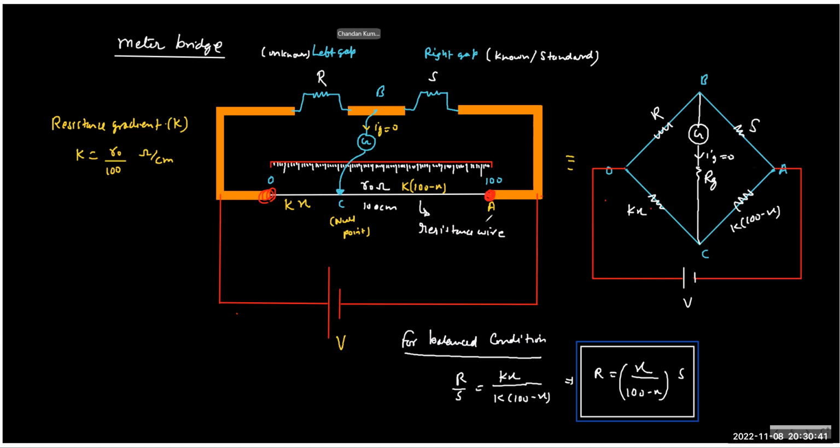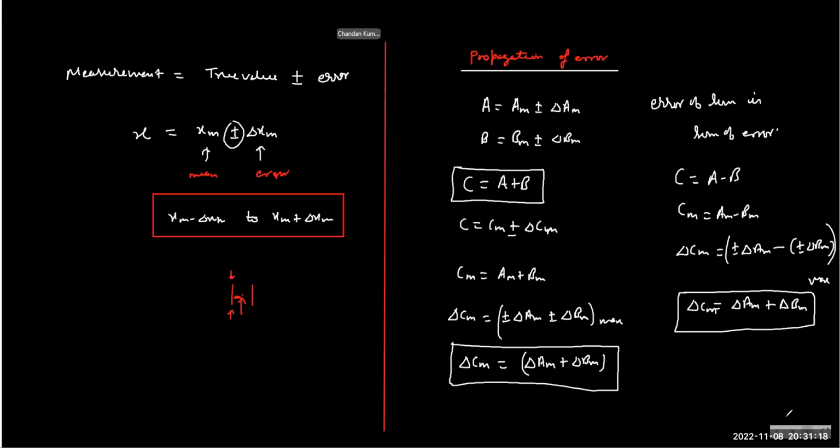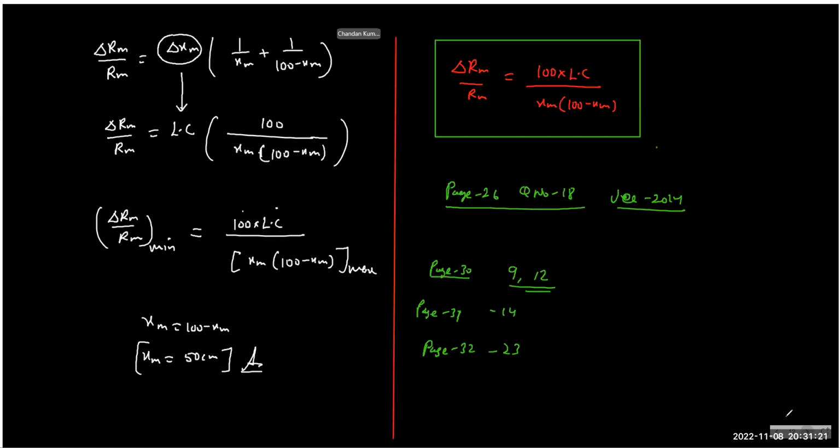The wire which you wrap, or any additional wire for binding or connecting, will also offer some resistance. So the total resistance of the left arm, the kx part, will be more than kx. Similarly, the total resistance of the right arm, k(100 minus x), will be more than k(100 minus x).